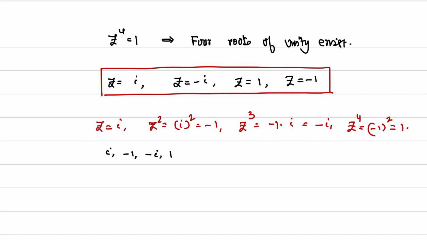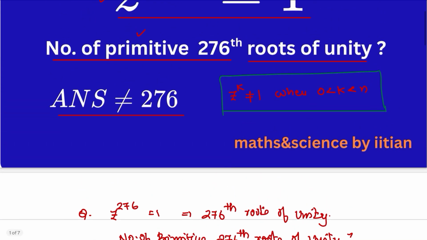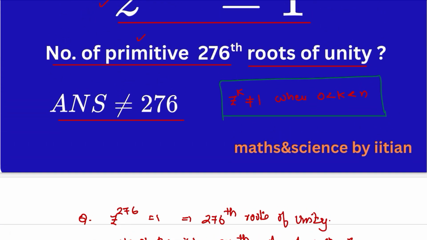Now, what is the condition for finding the primitive roots? z to the power of k is not equal to 1 when 0 is less than k less than n.